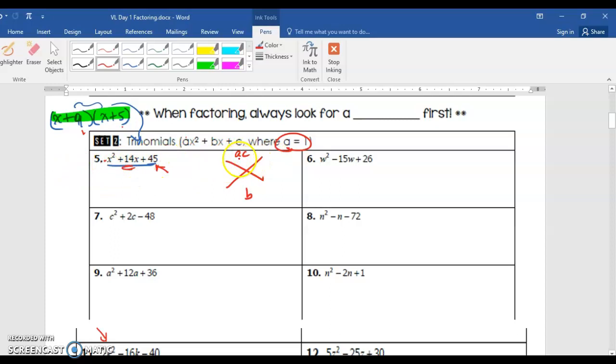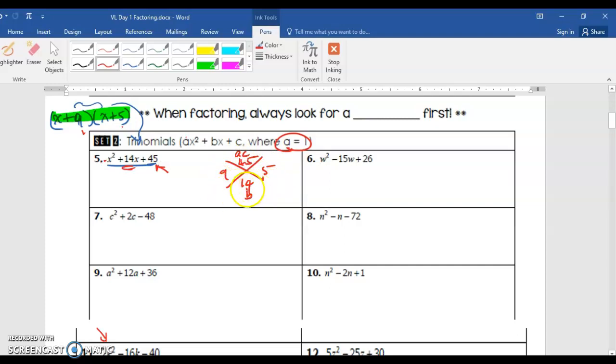1 times 45 is 45. And the middle term b is down here. So in other words, we are looking for two factors of 45 that add up to 14. The immediate thing that comes to our mind is 9 times 5. 9 times 5 is 45.